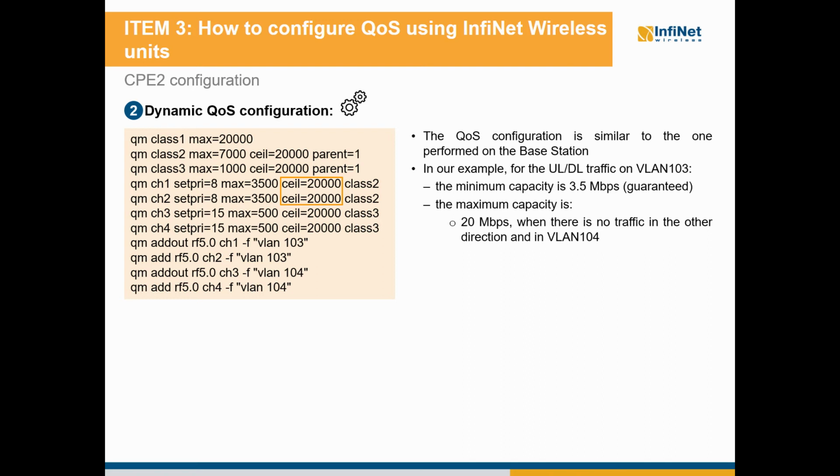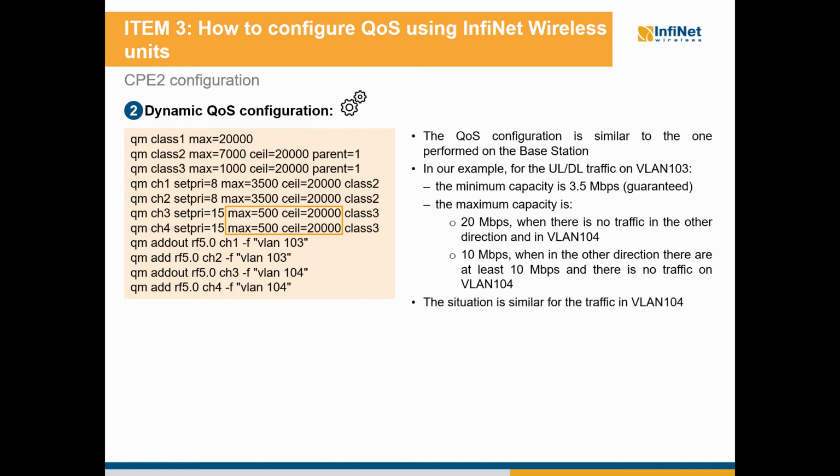The maximum capacity is 20 megabits per second when there is no traffic in the other direction and in VLAN 104. And 10 megabits per second when in the other direction there are at least 10 megabits per second and there is no traffic in VLAN 104 because of the 50-50 uplink-downlink ratio. The situation is similar for the VLAN 104 traffic.